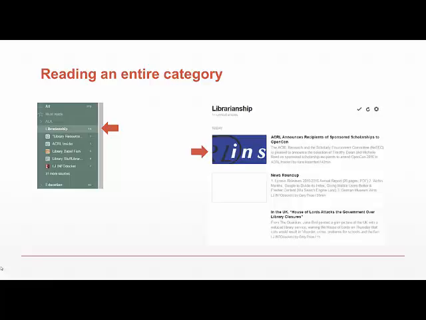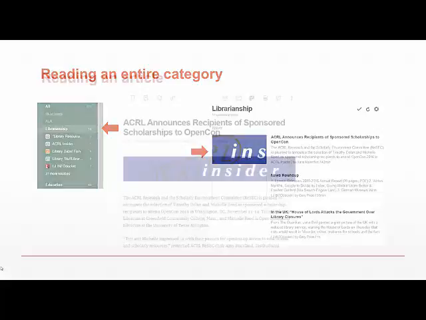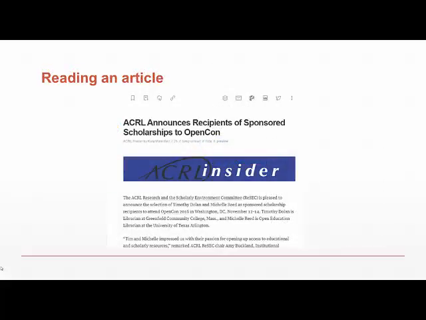At this point, if you want to actually read the article, you have to click directly on it. And of course, this will expand to the full article view, as well as give you some options for sharing the article through various social media up there on that top toolbar.